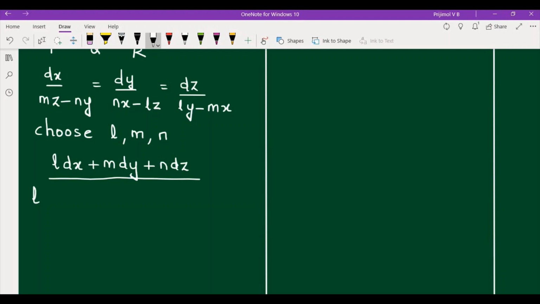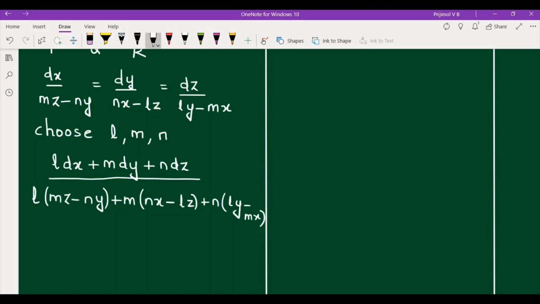So here L into (mz minus ny) plus M into (nx minus lz) plus N into (ly minus mx).